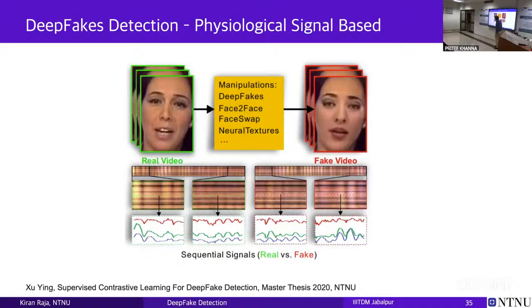You have the real signals, which are in green, and then you have the red signals in a different area. Simply by looking at the flow of blood, which is what creates the color on the face, if you can say that in the fake ones it's not really following that pattern, you can tell it is fake.